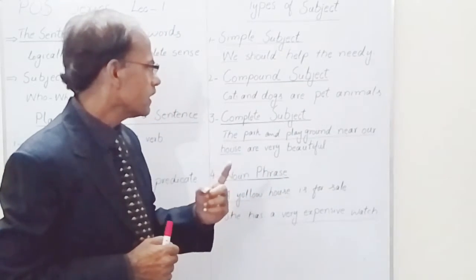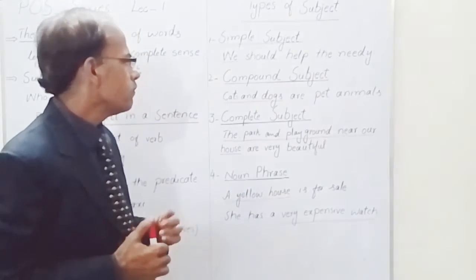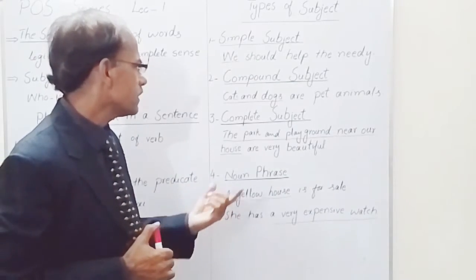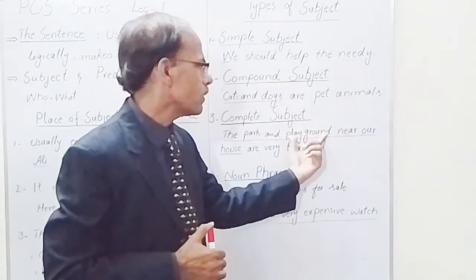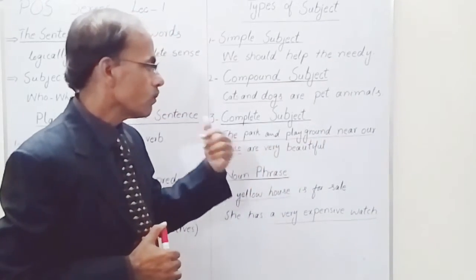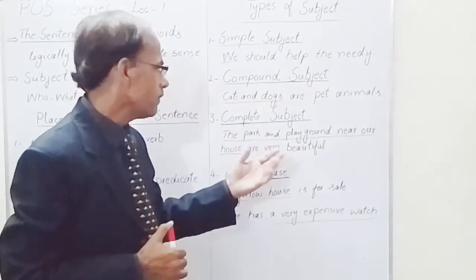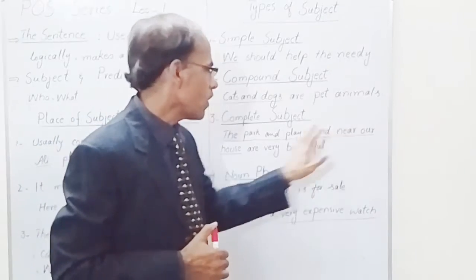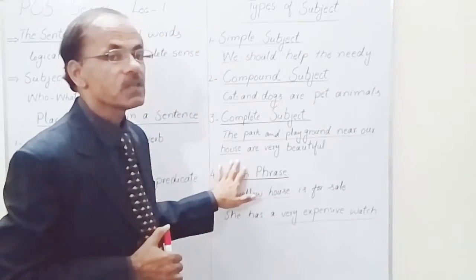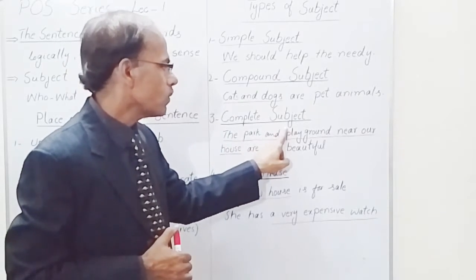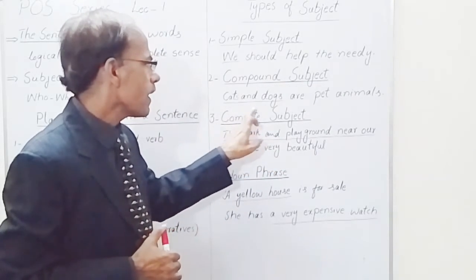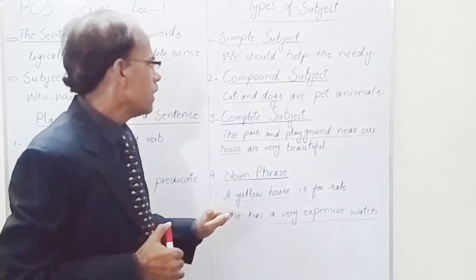Here first of all check, there are two basic nouns. The first one is the park, the second one is the playground. Here is some more modifier that is explaining them, that is near our house. It is giving extra explanation about the park as well as the playground. So this one is the complete subject.